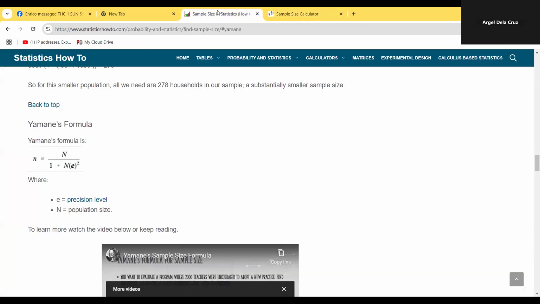So, yun lang siya. Now, sir, paano kung ang data ko, yes or no lang sagot? Or approve, disapprove. Okay. So, may mga ganun tayong case. Kasi yung Yamane, it's a category, it's a Likert type, more than two yung possible responses mo.